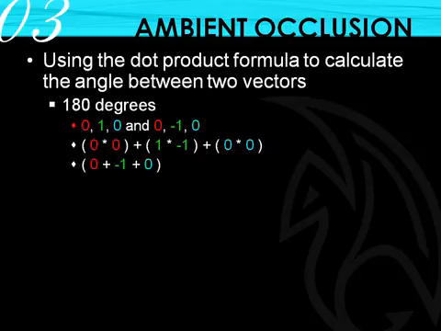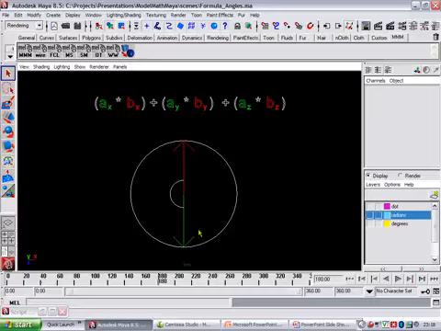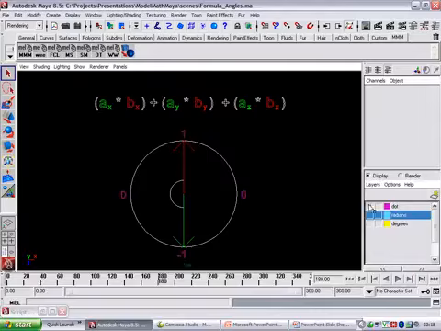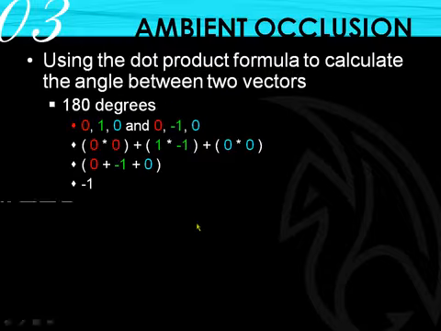And that would result in 0 plus -1 plus 0, which means essentially that if you have 2 vectors that are 180 degrees, parallel to each other here, the result of a dot product of those 2 vectors is -1. So let's put this dot product chart up here, and you can see that the green arrow is what we're following in this case. It's pointing to the -1.